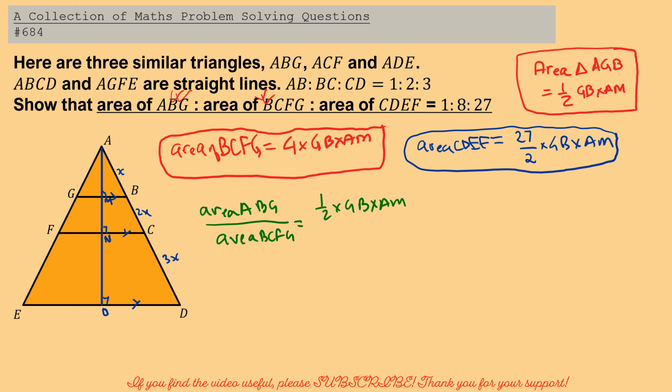I think it's already done. From here you don't need to follow the video anymore. You just get it. But anyway, I'll do it all. So times GB times AM divided by the BCFG is 4 times GB times AM. So all this goes away, and that is equal to 1 out of 8. Okay.